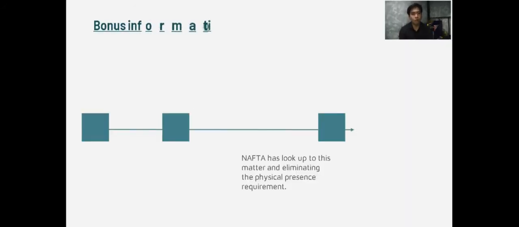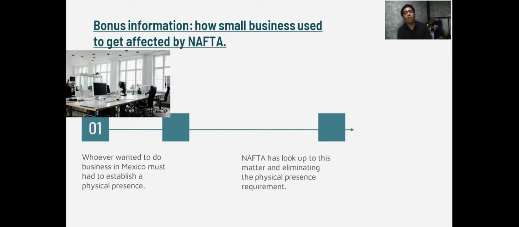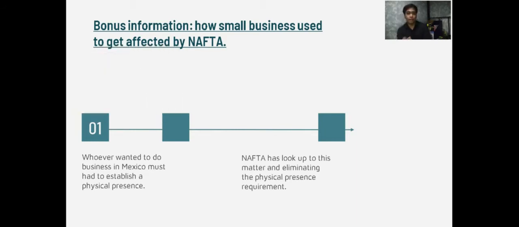This is how businesses used to be affected before NAFTA. The first is that whoever wanted to do business in Mexico needed to have a physical presence or office there, which is expensive for small firms.